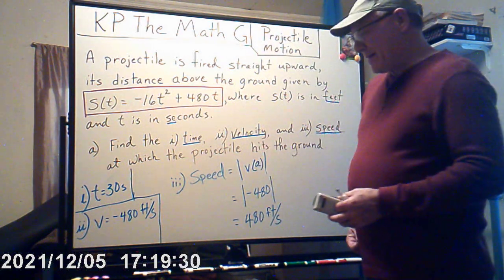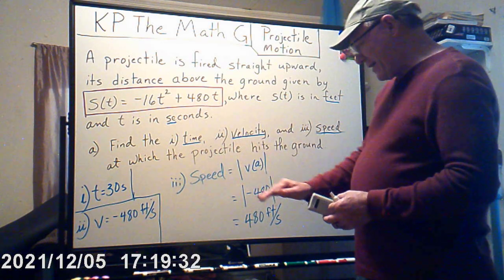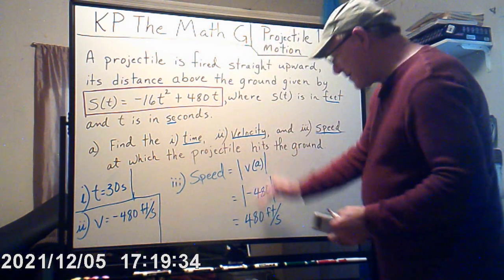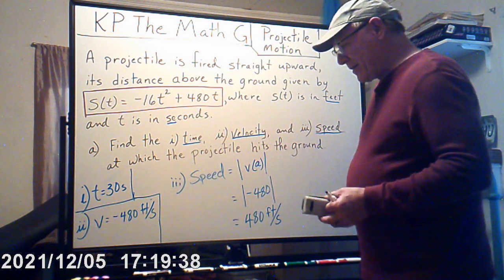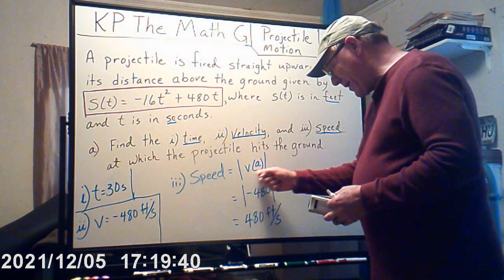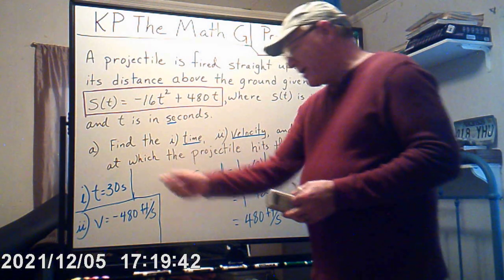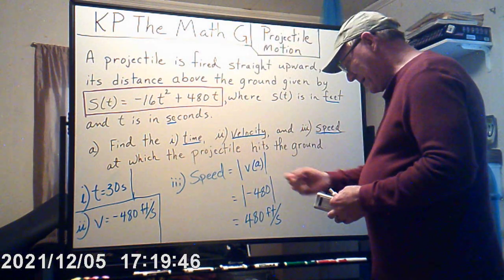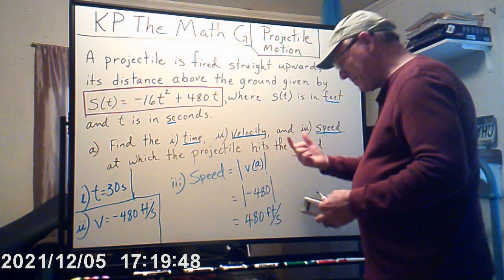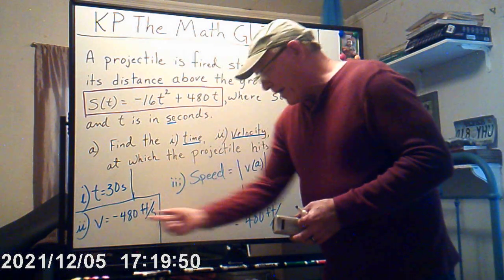It's just the absolute value of the velocity at whatever number it is. In this case, v at a would be 30. We already found that out just a second ago. Plug that in. Just take the opposite sign.